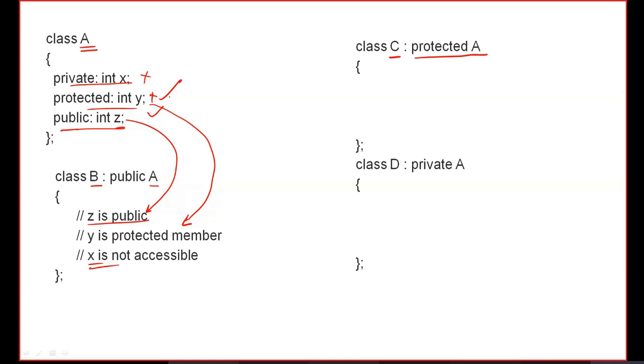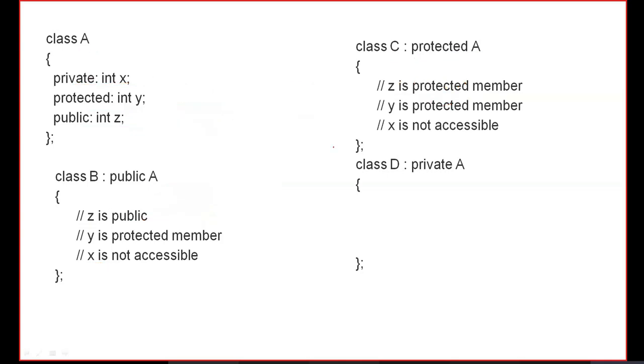Definitely yes. In which section will this Y go? In the protected section of my derived class. I can imagine a Y data member is present, although it is not physically present, but we can definitely avail it. And definitely the public member is also present in the protected part.